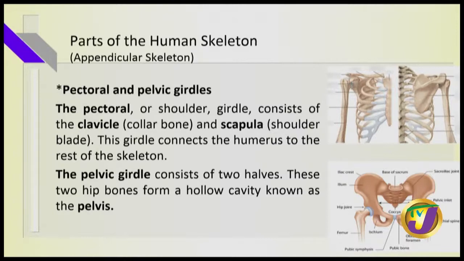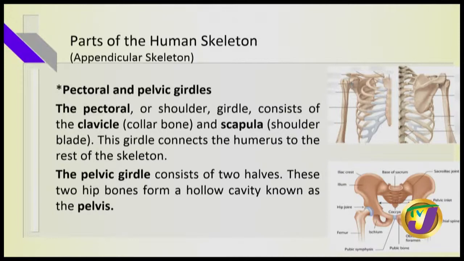When you say that you're not eating well, you say your collarbone is sore. Right? That's what I call a clavicle. That's the bone that comes right here. The common name is a collarbone, but the scientific name is a clavicle. And you have the scapula, which is your shoulder blade. And these two bones form what is called the pectoral girdle. And these attach your arms to your axial skeleton.